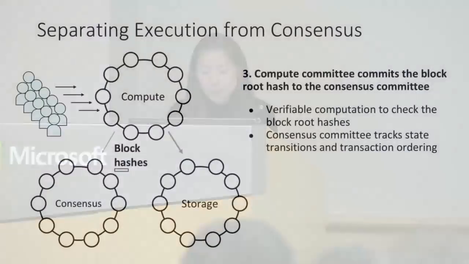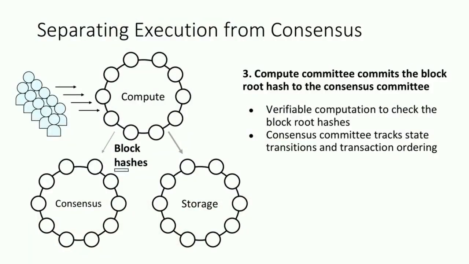And finally, the state transitions are committed to the consensus layer, and here we use verifiable computation to verify the correctness of the computation, and the consensus layer essentially tracks the state transitions and the transaction ordering.